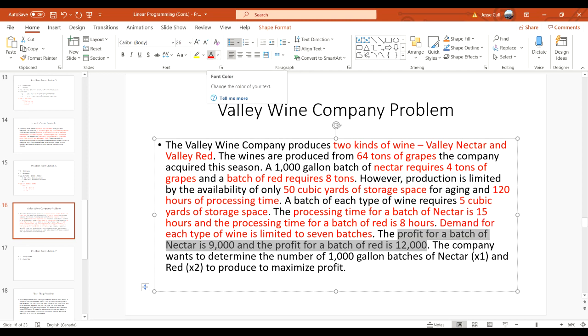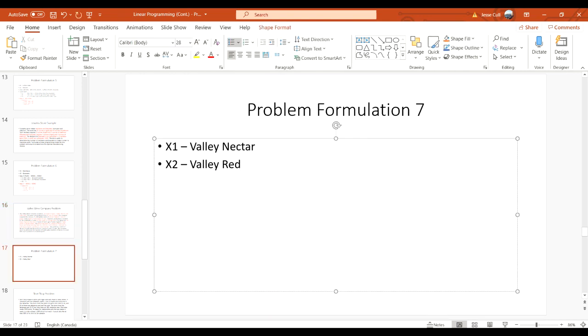So now, even before we've started writing anything, we know our objective function. It's how financially our decisions relate. And we also know that we have 5 different limitations. So we can go to our sheet. We're going to go max z, because we're still trying to maximize profit, equals 9,000 x1 plus 12,000 x2.